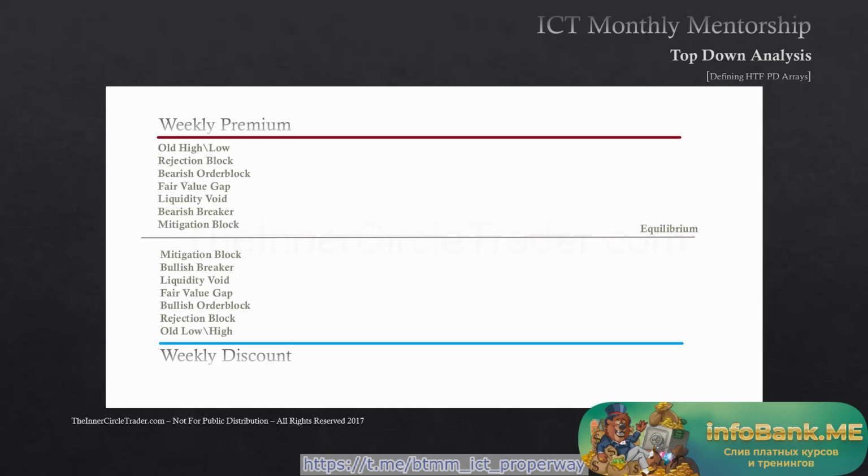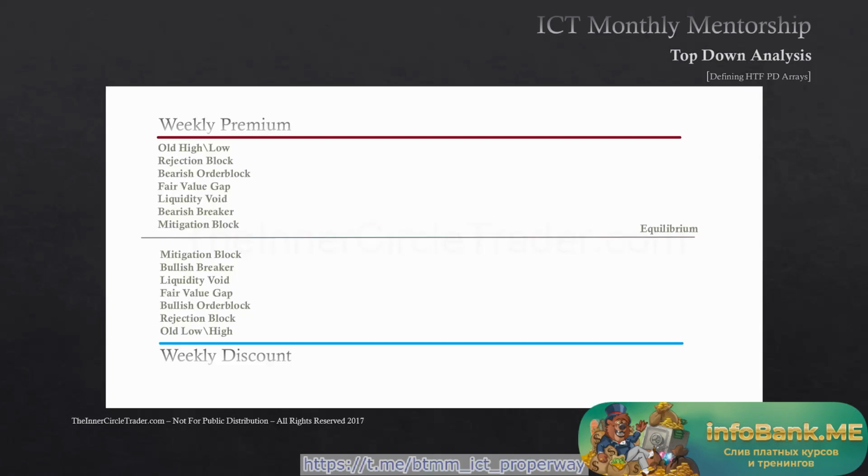If there is no fair value gap or void, price could simply trade right up into the bearish order block. And if there is an idea that suggests there's possibly not a strong bearish order block there, we would look for a rejection block, which is a move above the candle's bodies if there are long wicks that top that market, and then ultimately a run above the old high or a return to a historical low.